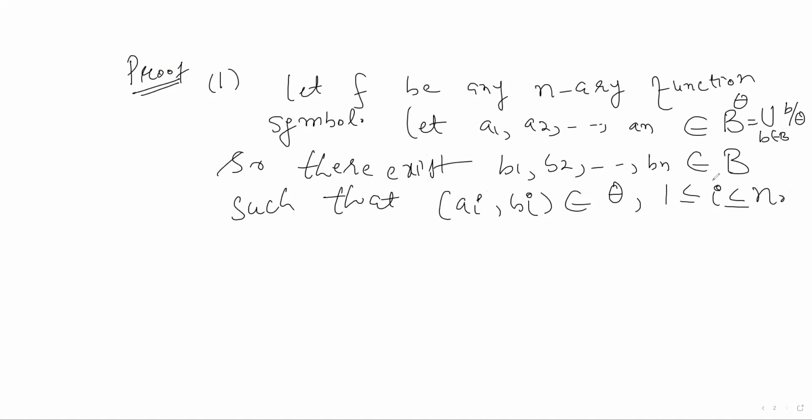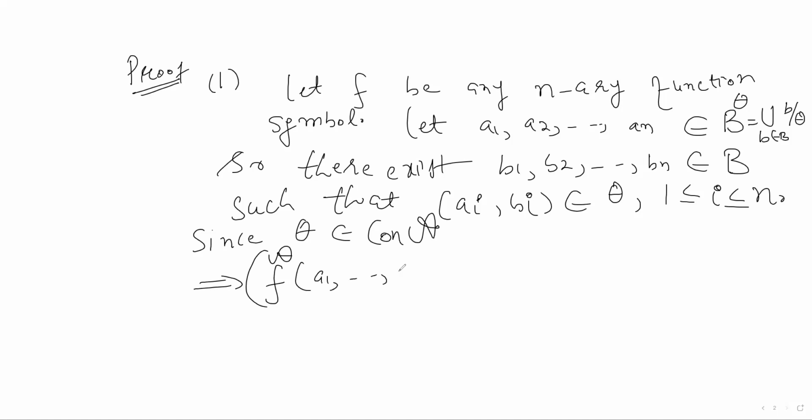And theta is a congruence. So since theta belongs to congruences on A, theta has the substitution property. This implies that (f^A(a1, so on, an), f^A(b1, so on, bn)) belongs to theta.